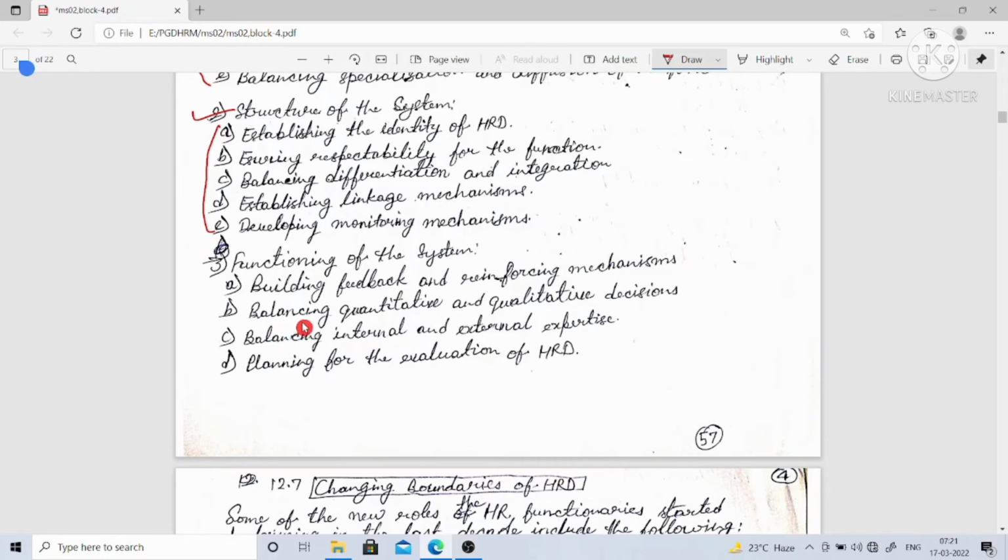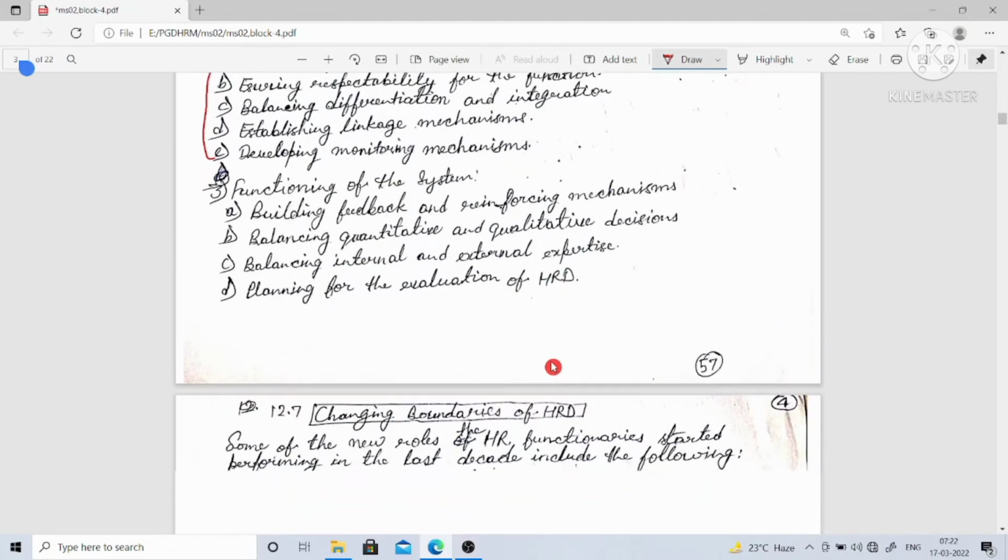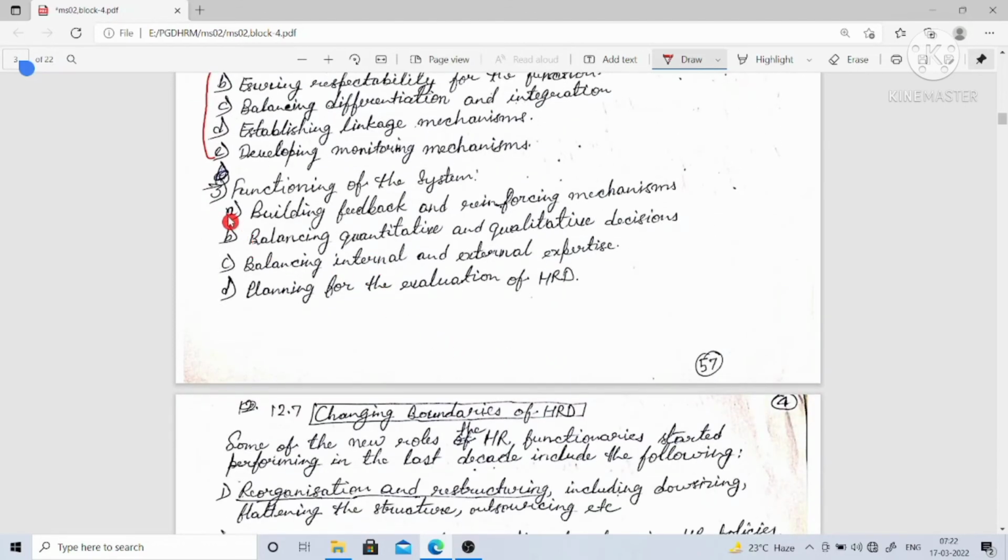B given, balancing quantitative and qualitative decisions. C given, balancing internal and external expertise. D given, planning for the evaluation of human resource development. So these are principles related to functioning of the system while designing human resource development system.